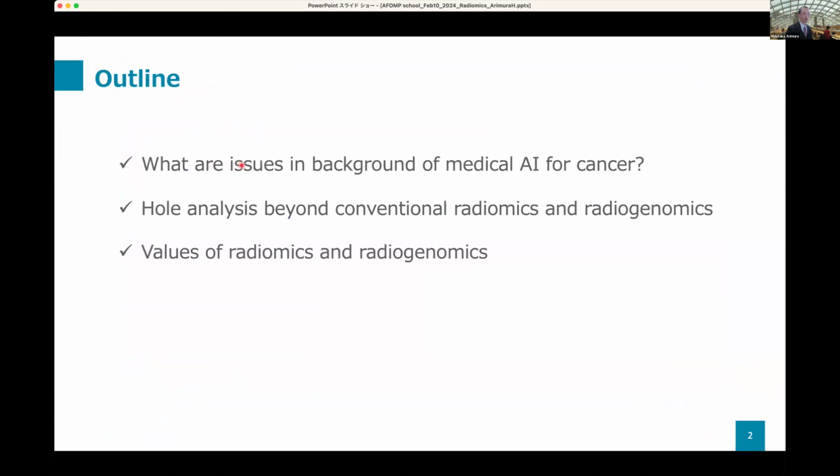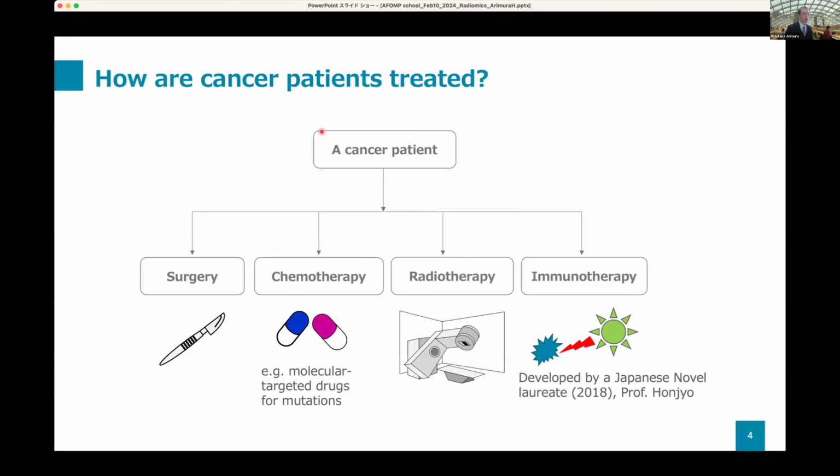What is the issue in the background of medical AI for cancer? I focus on just cancer today, and I'd like to propose an analysis beyond the conventional radiomics and the value of radiomics.